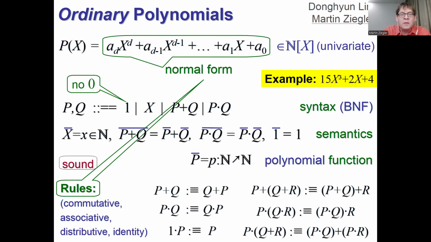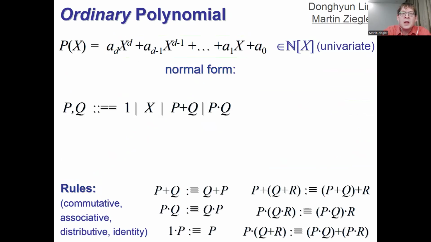Regarding the degree, it is often defined using the normal form, looking for the highest non-zero coefficient. But here we want to take a different approach and redefine the degree of such a polynomial also by structural induction, following the inductive syntactic definition.